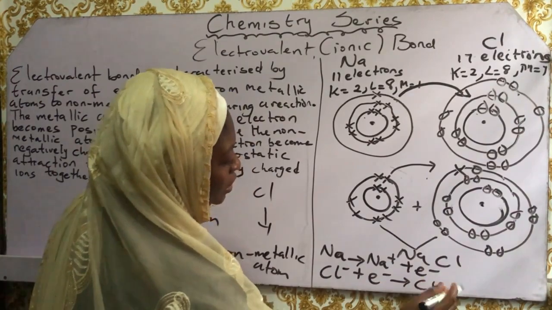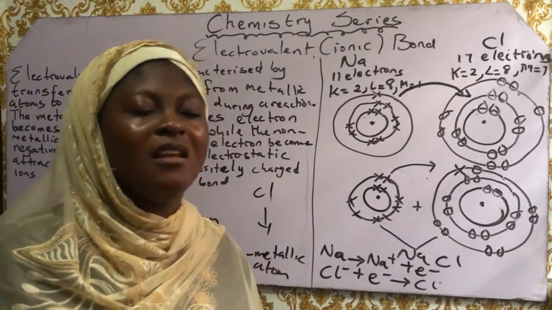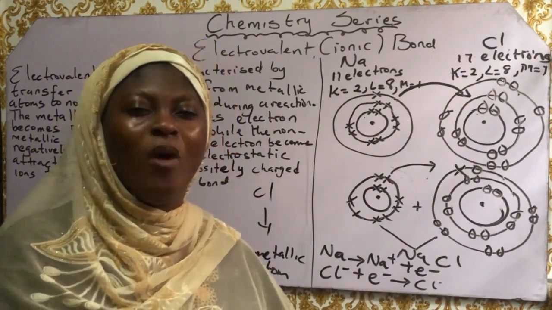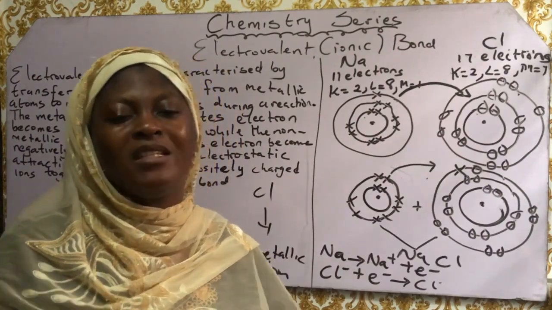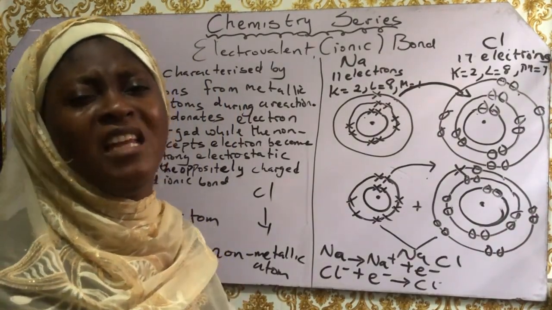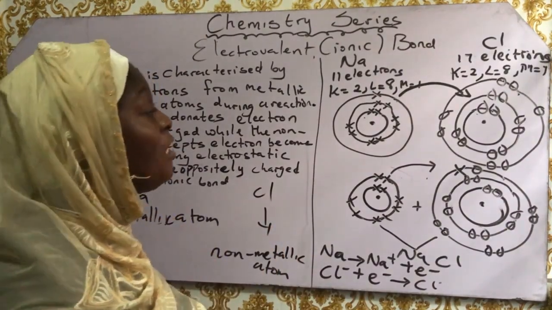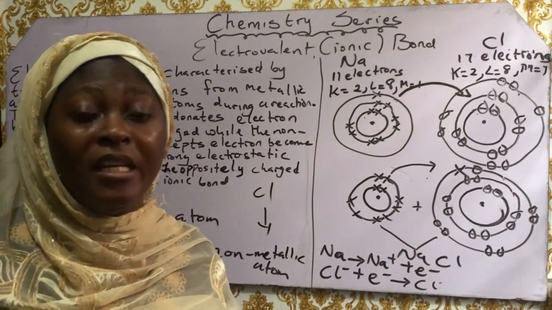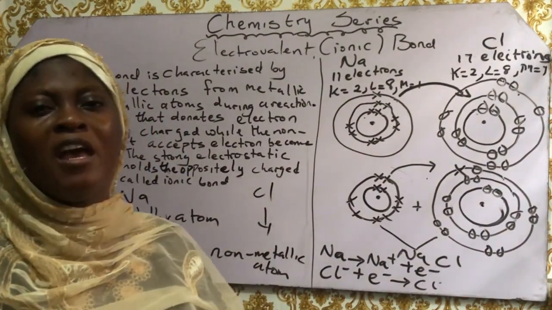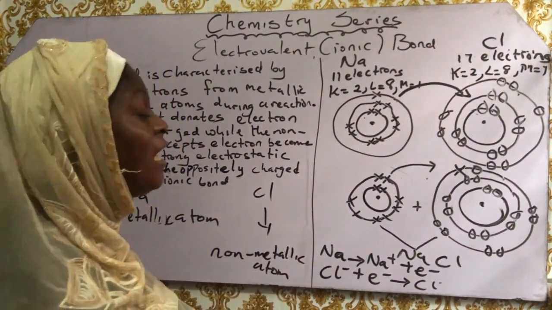Now, one thing to note in gaining and losing of electrons: when atoms lose electrons, they become more positively charged. But when they gain electrons, they become more what? Negatively charged. So in the formation of ionic compounds, you have the gain and loss of electrons, just like we have illustrated in sodium chloride, where sodium is losing 1 electron and chlorine is gaining 1 electron. So what we have here is the formation of an ionic compound, which is sodium chloride, and the formation of an ionic bond, which is seen in sodium chloride.